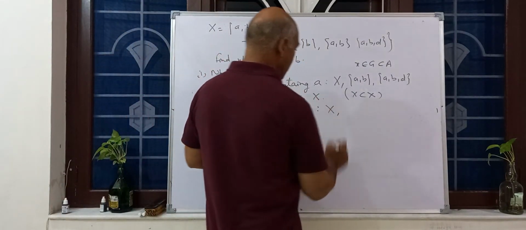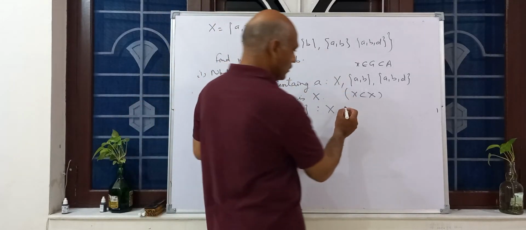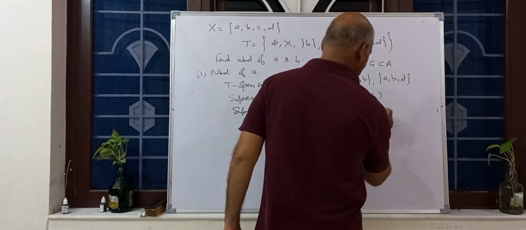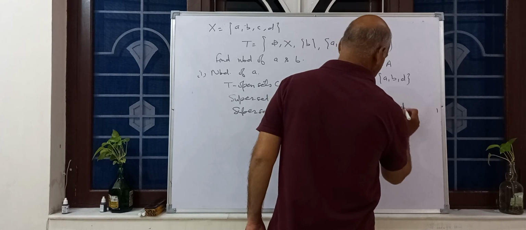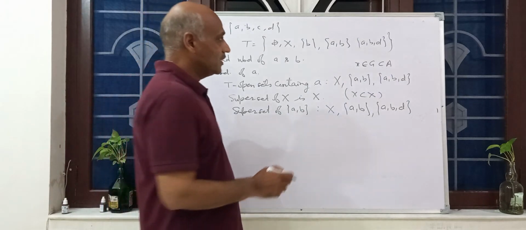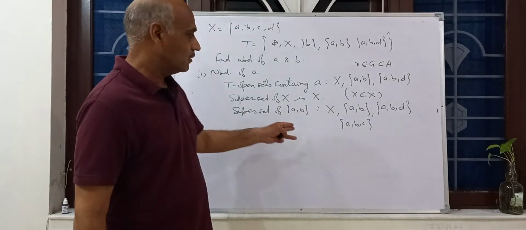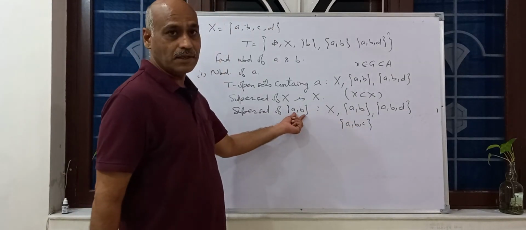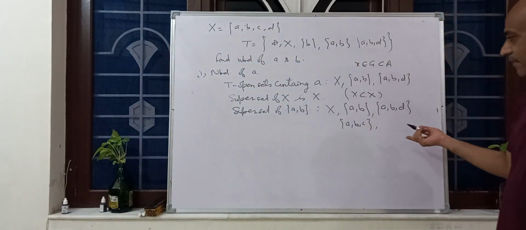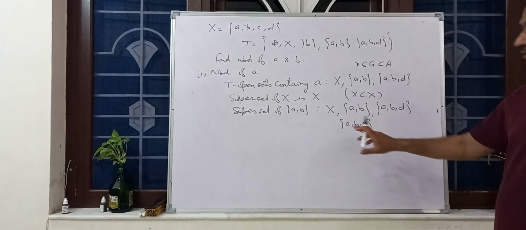First X. Then the set {A, B} itself. And {A, B, C} also contains {A, B}. Then {A, B, D} also contains {A, B}. So {A, B}, {A, B, C}, {A, B, D} and X are supersets of {A, B}.